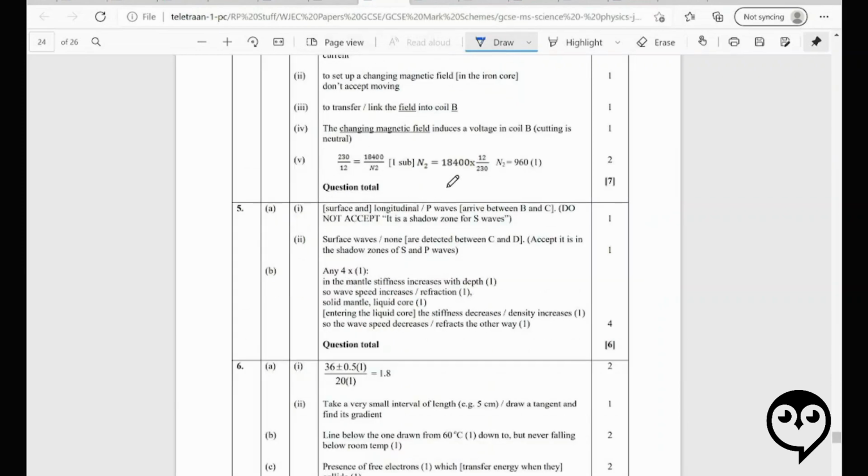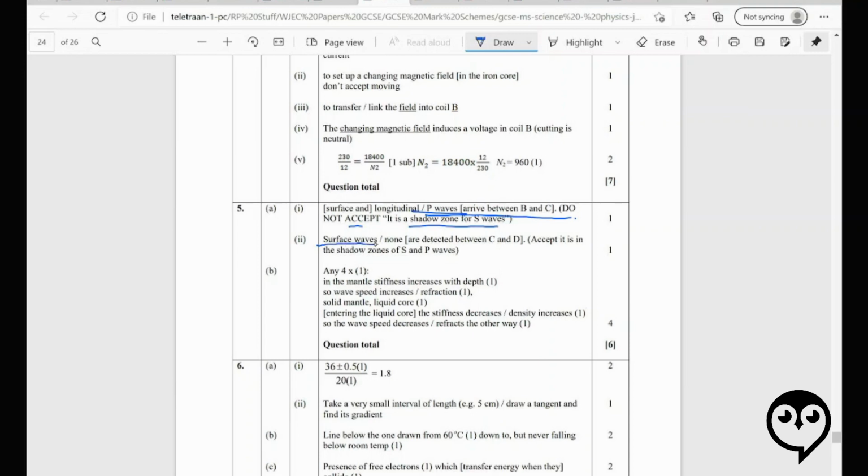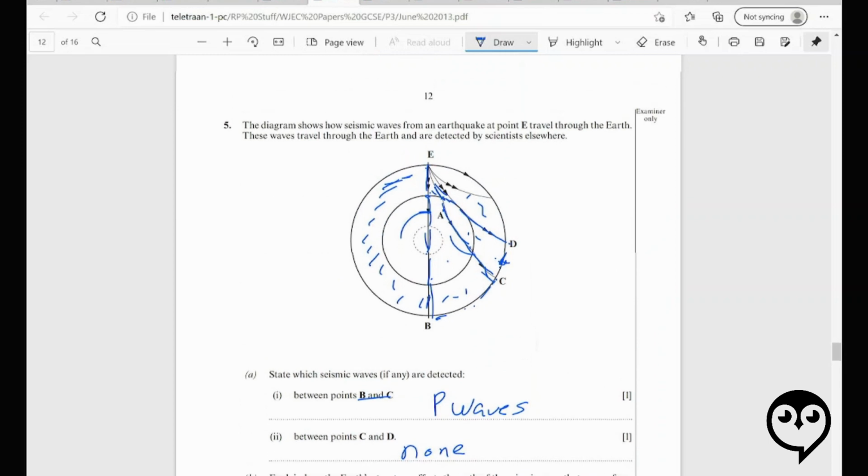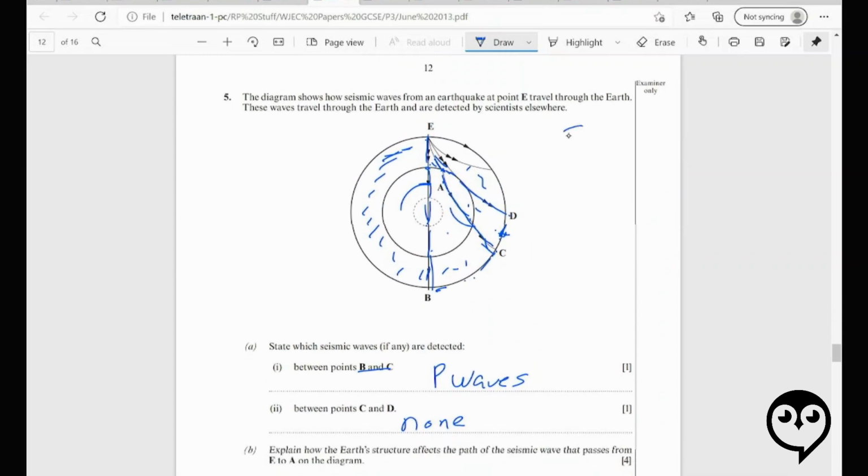Okay, so what did we say here? It looks like P waves, yes, for the first part. Do not accept as a shadow for S waves, because P waves can make it through. And then it says the answer is surface waves, right? Because there's 3 types of waves. You've got S waves that are transverse, solid, and slow.